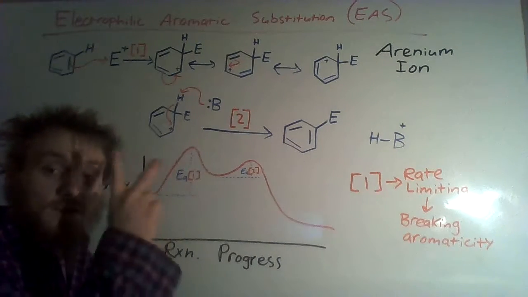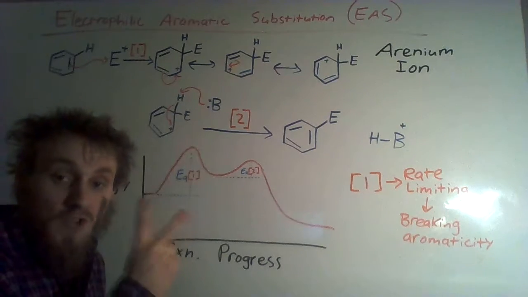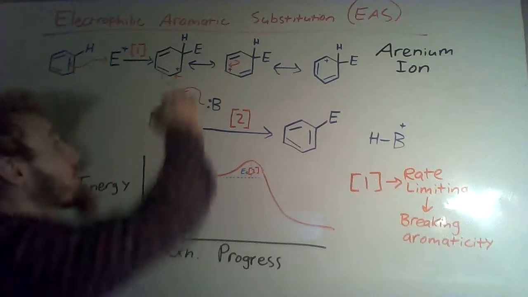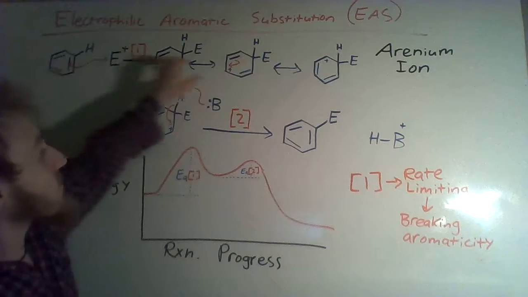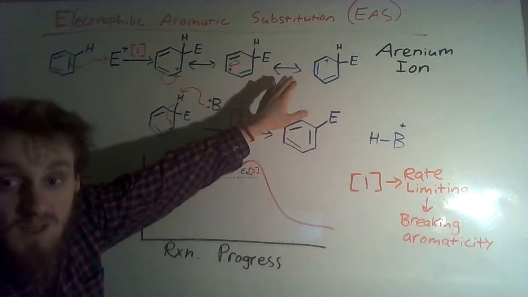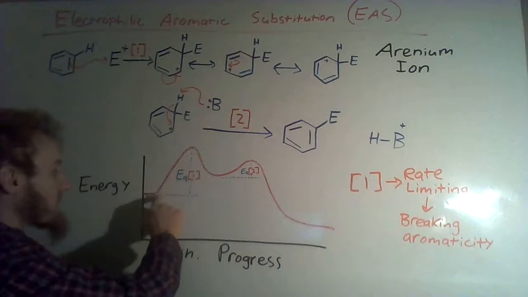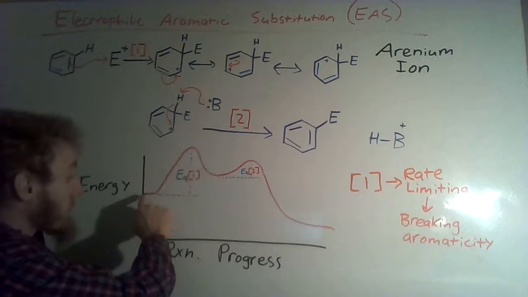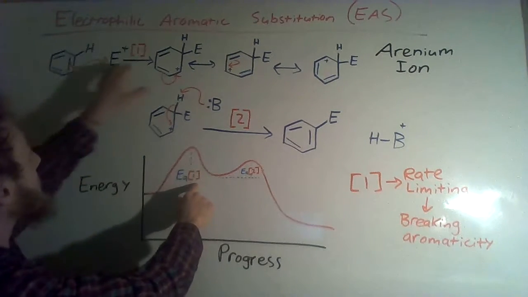First thing, notice that we have two transition states, and these two transition states correspond to our two steps, right? In this first step we generated this reaction intermediate, this arenium ion. And so right here, this is pretty much the energy corresponding to our reactants. We're going to pass through one transition state that corresponds to step 1.